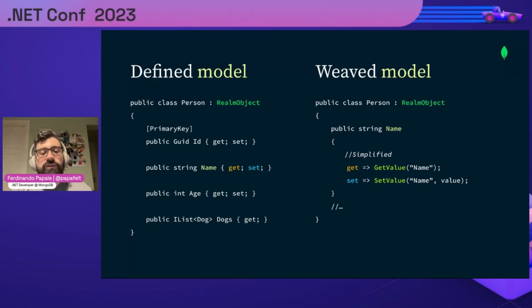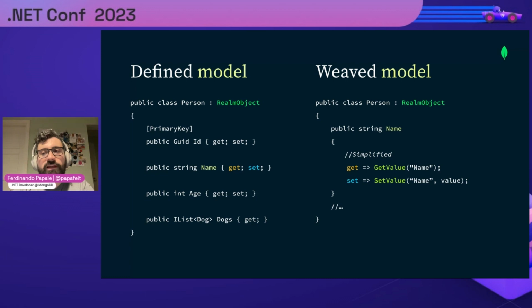So in the beginning, we're using IL weaving because with weaving, we were going into the user code, in the IL code, sorry, we'll find all these classes, and then we will change the getters and setters so that they will call, like you see on the right, get value and set value. I'm not going too much into details here, but what get value and set value are doing essentially is getting the value directly from the database and setting the value directly in the database.